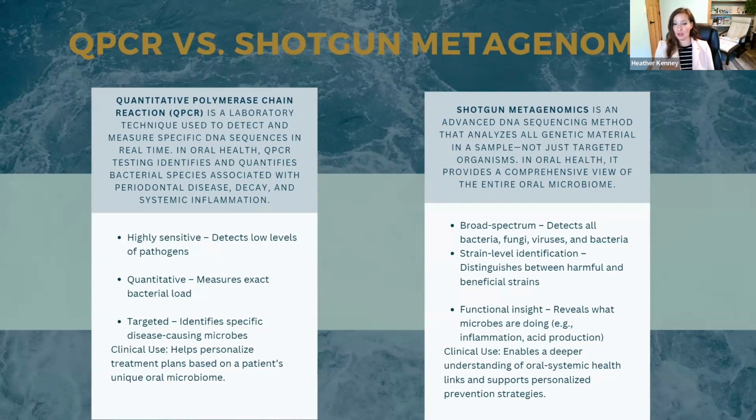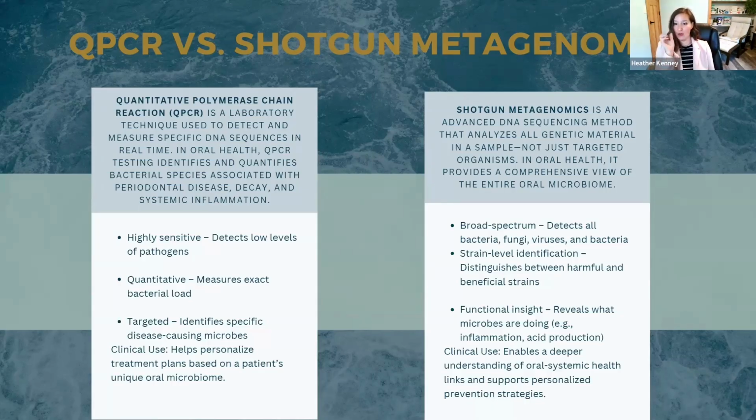Most of those tests look at anywhere from 10 to 15 species, usually the red and orange complex, and some now include things like viruses or a few of the pathogens involved in decay issues. And they give you a quantitative measurement.